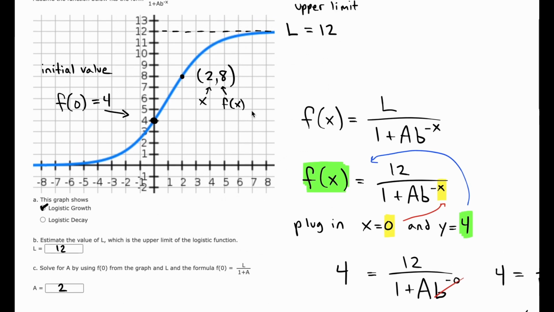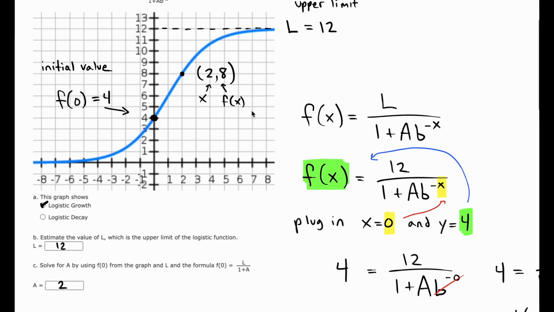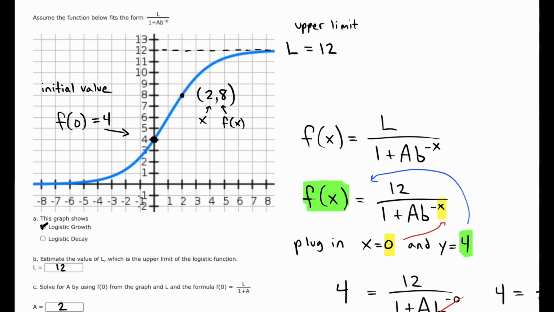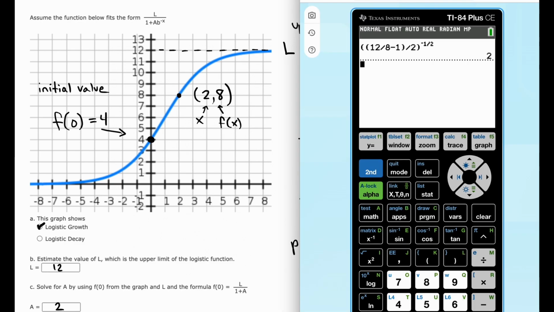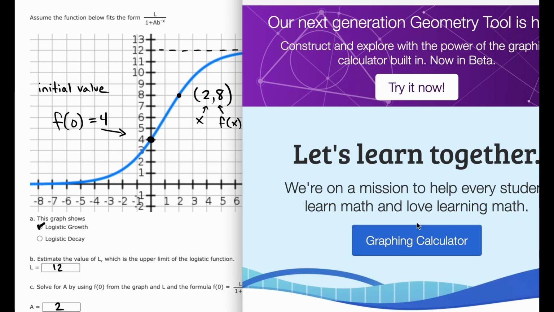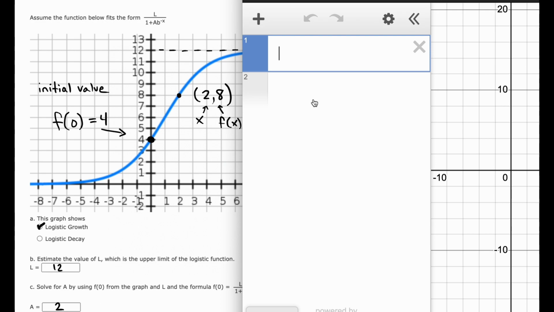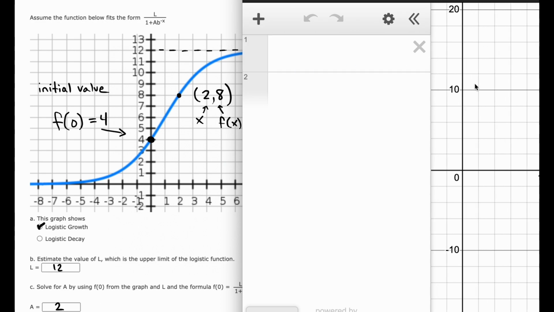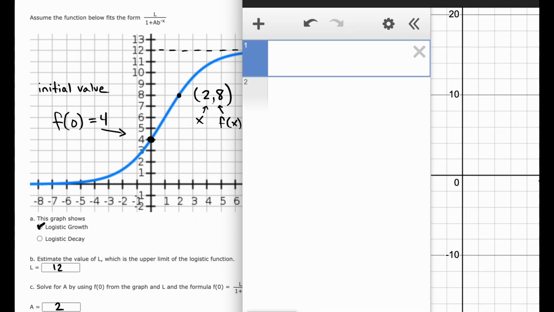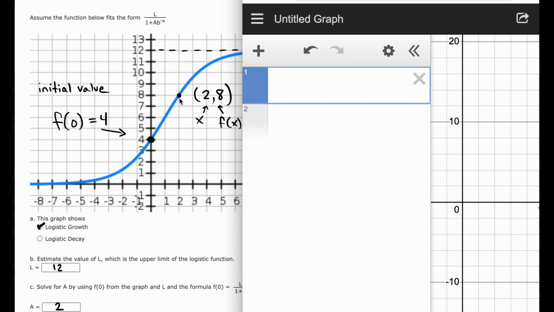Now, that's kind of the hard way of doing it. There's an easier way. An easier way would be to use regression, such as we could do on Desmos.com. So on Desmos.com, we would want to create a scatter plot that mimics the graph that we see.